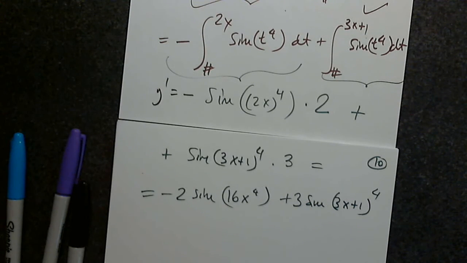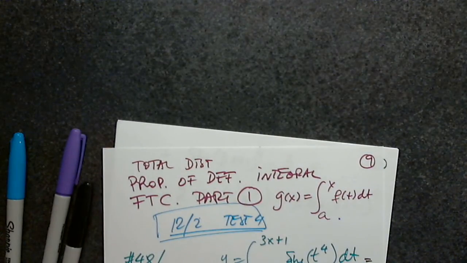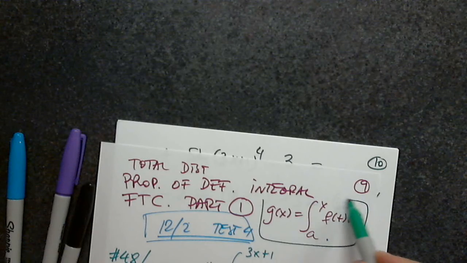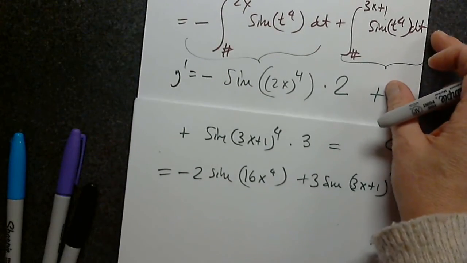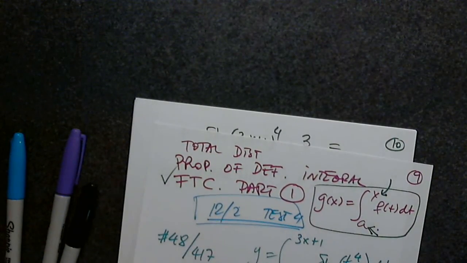And it's done. So we were given a function in the form of an integral. We were asked to differentiate it. But it needed some prep, because the fundamental theorem of calculus cannot be applied if this is not a number, and this can be x or a function of x. So this was the fundamental theorem of calculus part 1.